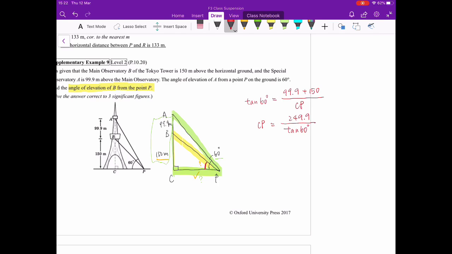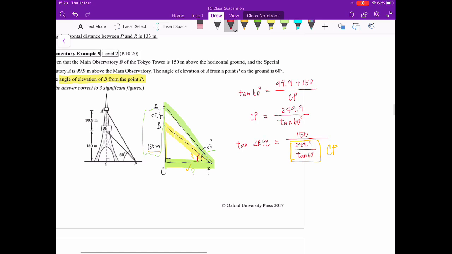I keep the exact expression here, and then make use of the yellow right angle triangle to find out the size of angle BPC. So tangent angle BPC equals to 150 divided by CP, which is expressed by this expression. Okay, this is CP. And then input to your calculator.